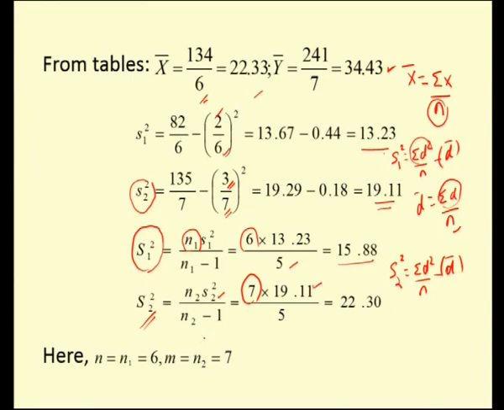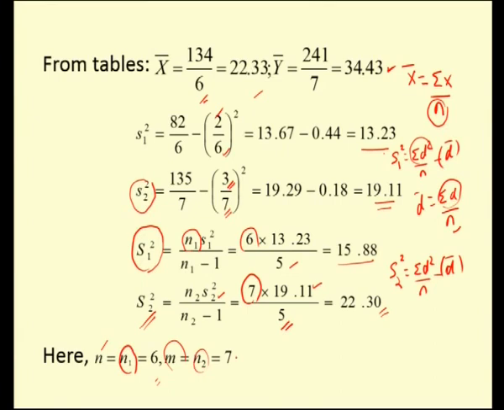N2 for the second sample is 6, so 6 minus 1, which is 5, and on simplification gives you 22.30. Now n is the first sample, which is equal to 6. Let me denote m for the second sample, which is equal to 7.